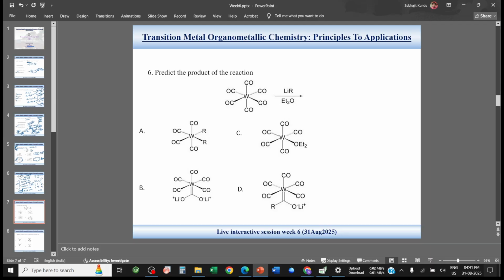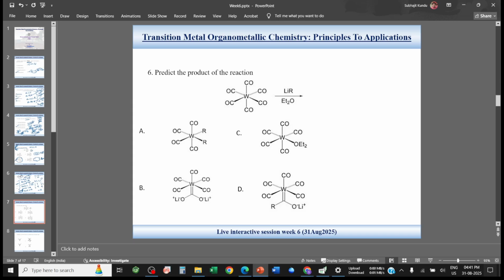The next question is to predict the product of the reaction. It is also from the last lecture. What will be the product? Question number 6.